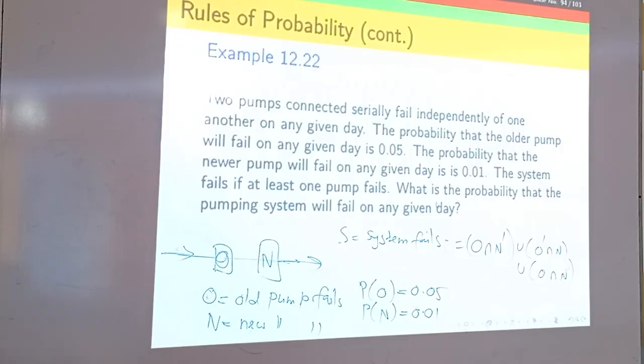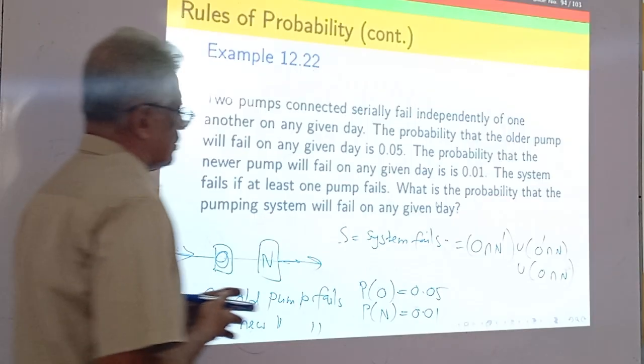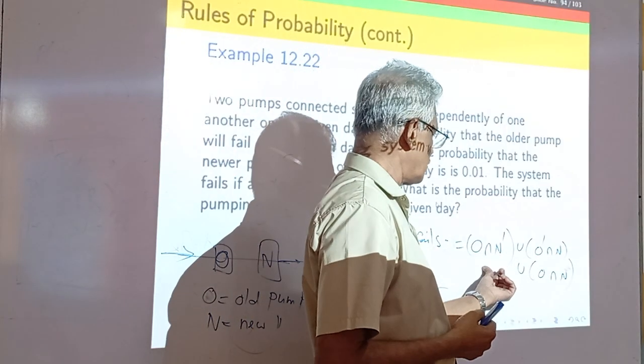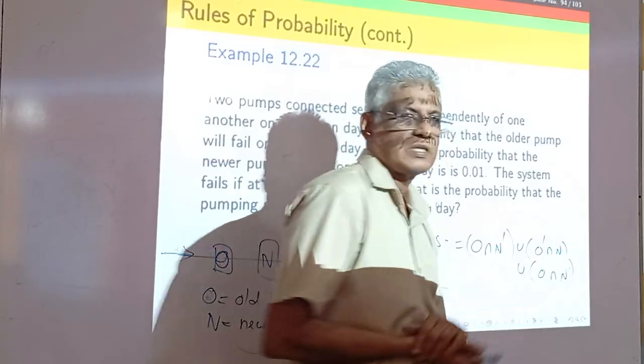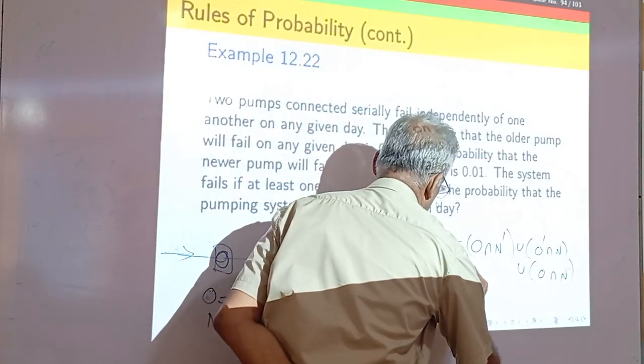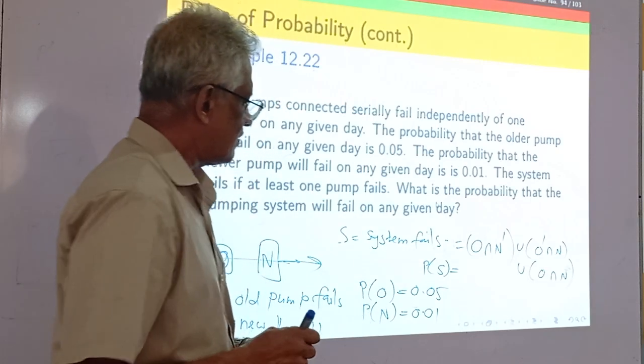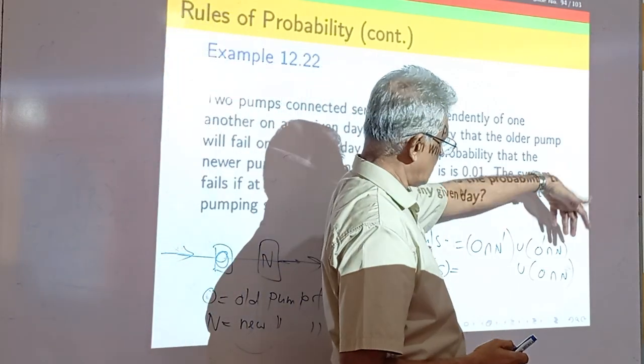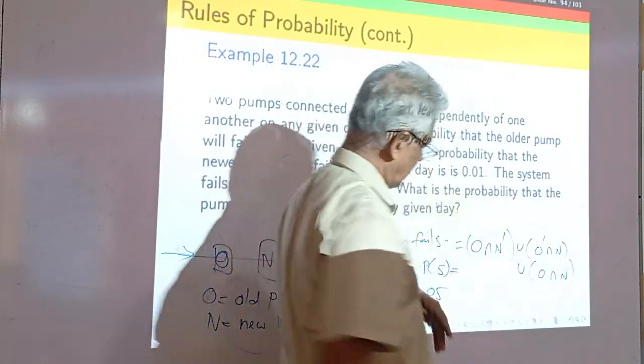I'm taking O to be failing. So the system fails can happen this way, this way, or this way. So therefore we have to find out the probability of S. So the probability of S is equal to the probability of this whole thing.